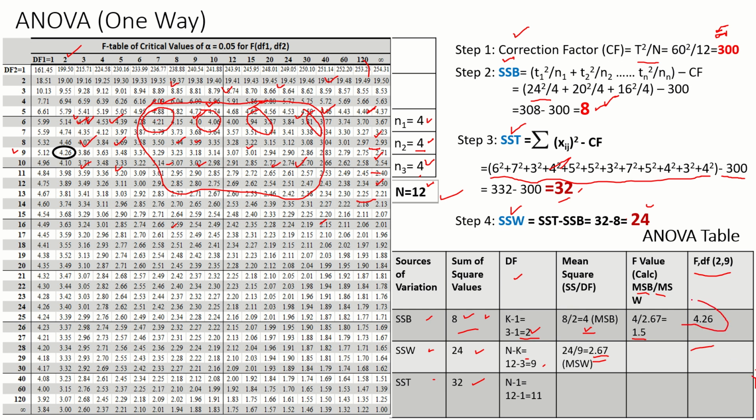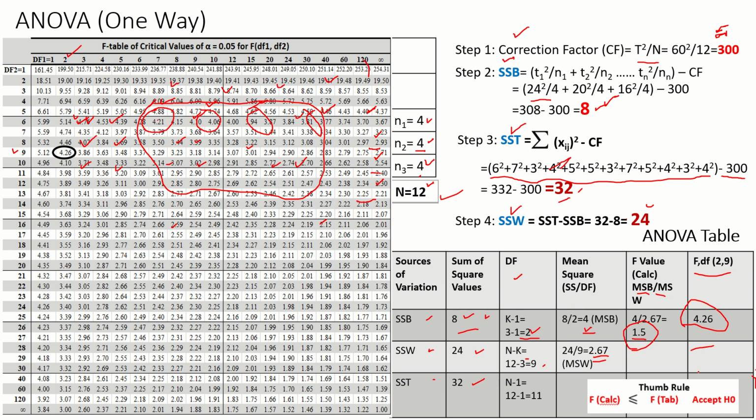This is the tabulated value, and this is the calculated value that we have got. Now we have to make a decision whether H0 is accepted or not. Simple thumb rule: if F calculated is less than F tabulated, accept H0. Here F calculated 1.5 is less than the tabulated 4.26.